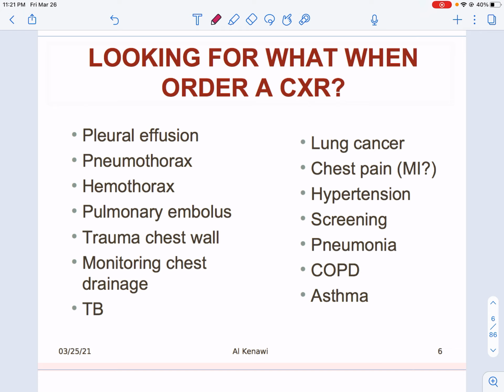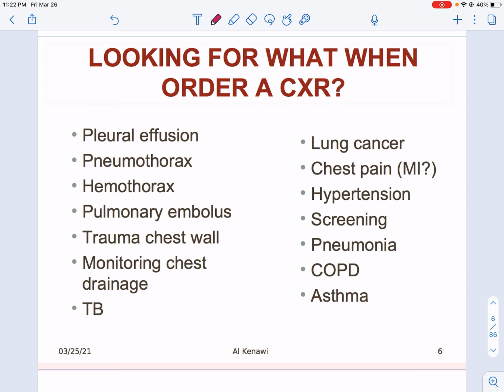So what are we looking for when we are ordering a chest x-ray? Here are some abnormalities we need to expect, for example lung cancer, hypertension, pleural effusion.